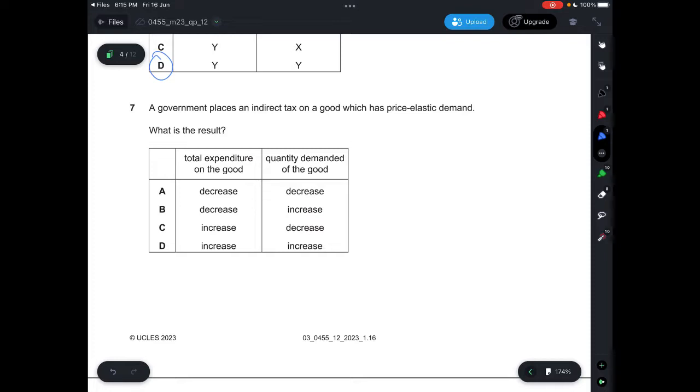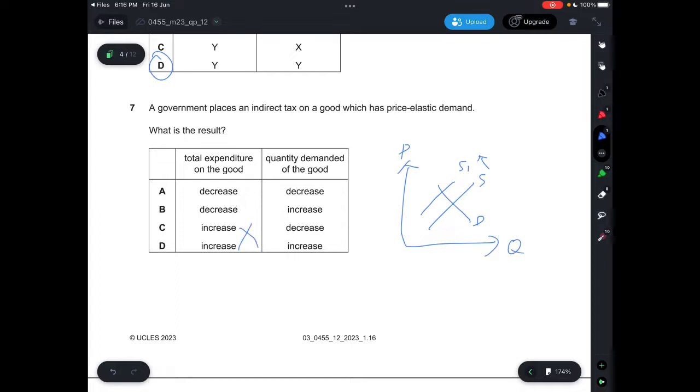Question 7. A government places an indirect tax on a good which has price elastic demand, and what is the result? So again, with our demand supply graph here, this will be a supply curve, this will be a demand curve. We place an indirect tax, which will result in the supply curve shifting to the left. Alright. And then this means that, first of all, the total expenditure on the good will decrease.